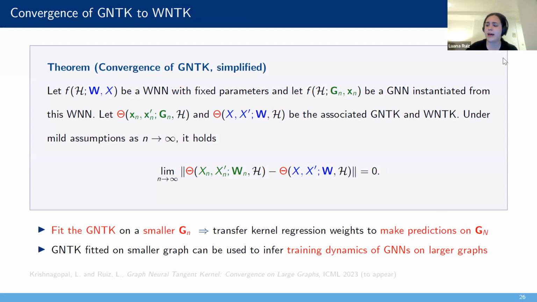And the two important consequences of these results are, first, similarly to how you can train a GNN on a small graph and transfer to a large graph, you could fit the GNTK on a smaller graph and transfer the kernel regression weights to make predictions on the large graph. But more importantly, the GNTK fitted on a small graph, provided that it's large enough, can be used to infer the training dynamics of GNNs on large scale graphs.